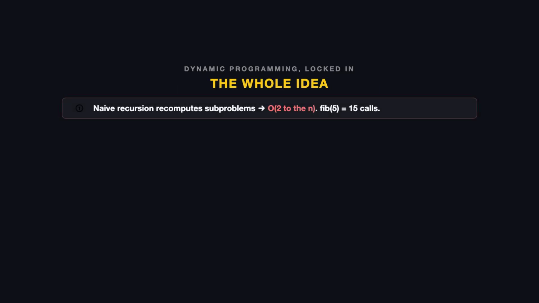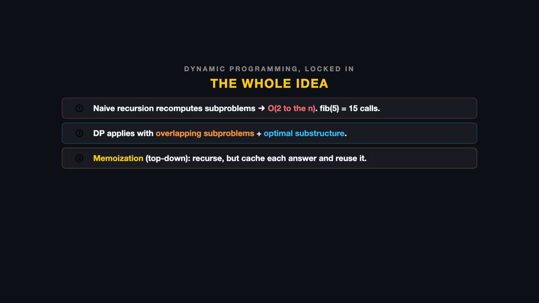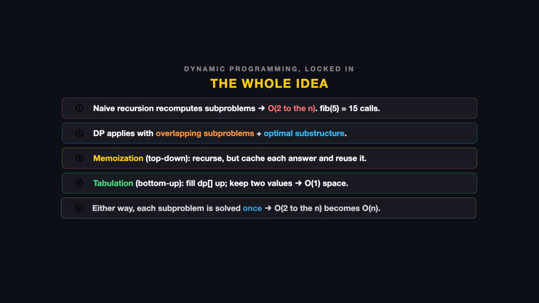Let us lock it in. Naive recursion is slow because it recomputes the same subproblems. Fib of 5 is 15 calls, and it only gets exponentially worse. Dynamic programming fixes that when a problem has overlapping subproblems and optimal substructure. Memoization is top-down. You recurse, but cache each answer and reuse it. Tabulation is bottom-up.